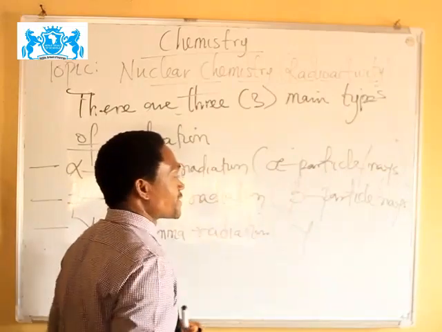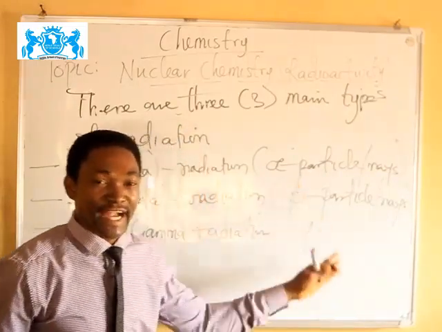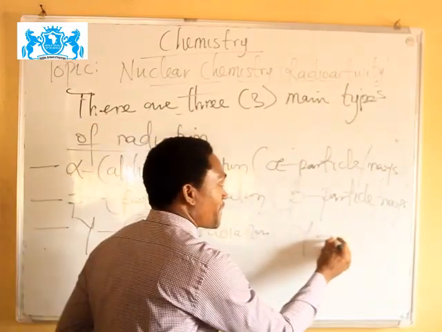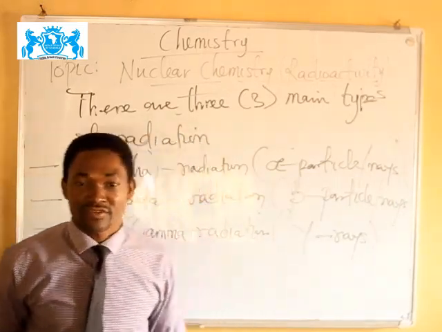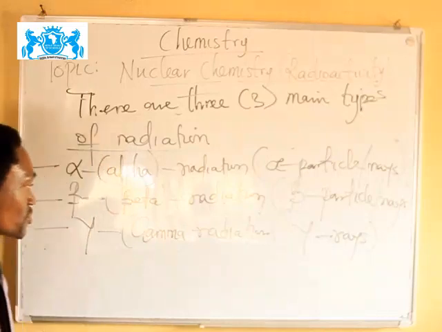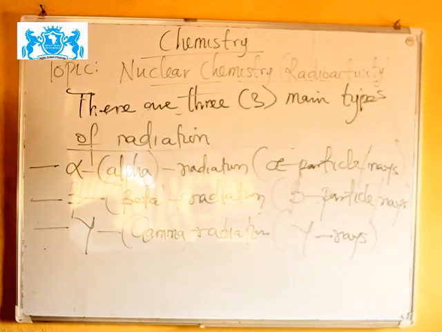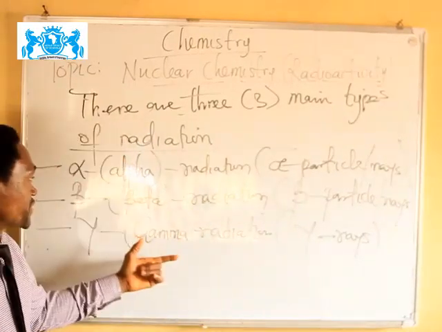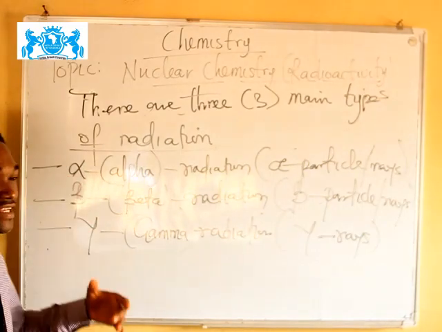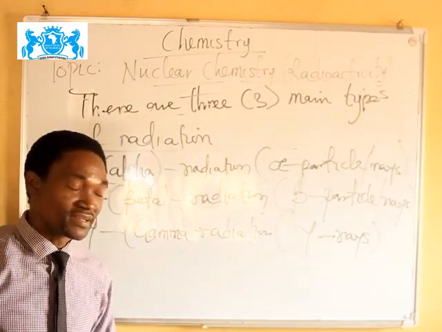We call it, this time it is not called gamma particles, but it's called gamma rays, because it does not have mass, does not have weight. And among the three types of radiation, gamma rays are the most penetrating of these three. Then alpha ray has less penetrating ability.